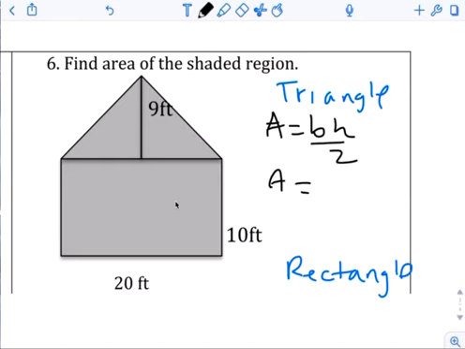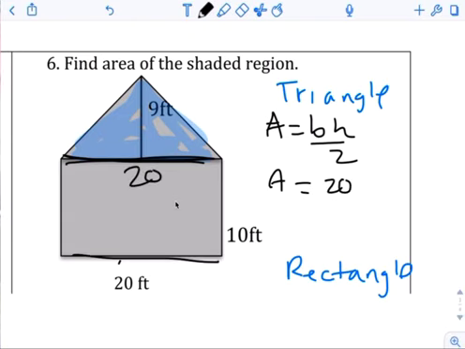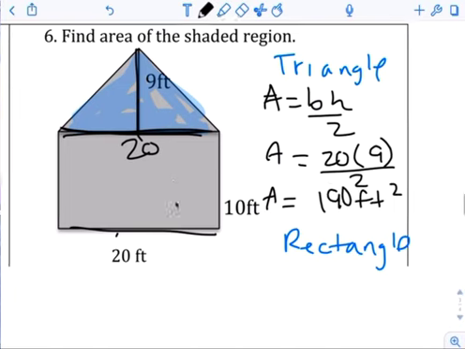The base of this whole triangle right here. This is all of the triangle. The bottom piece right here, same as here, that's 20. So the base of 20 and the height of 9. Divide that by 2, put in your calculator, you should get 190 feet squared.